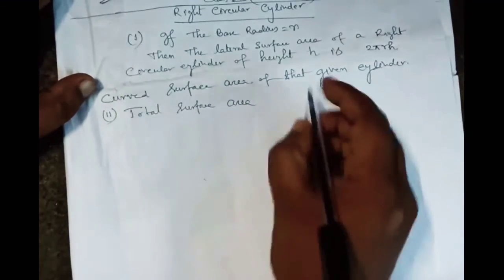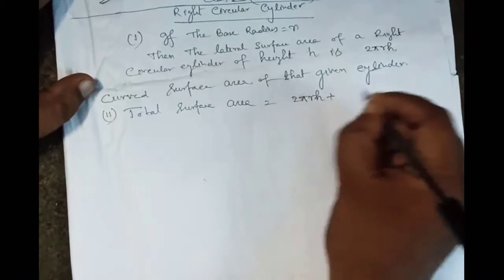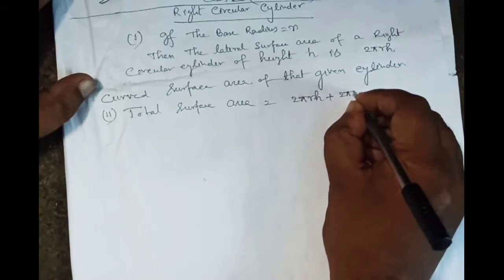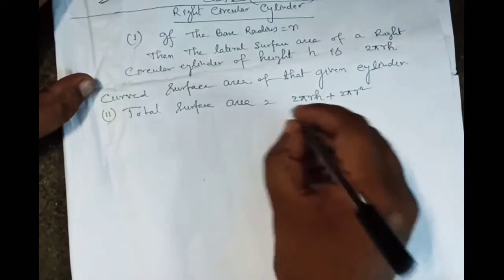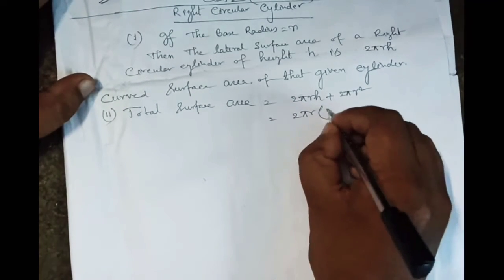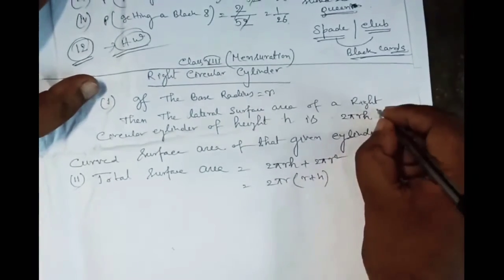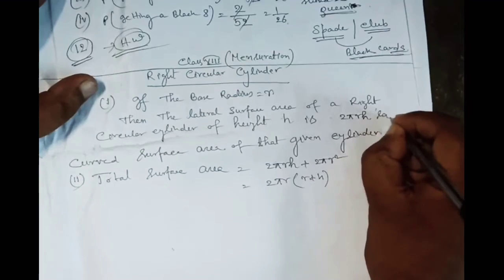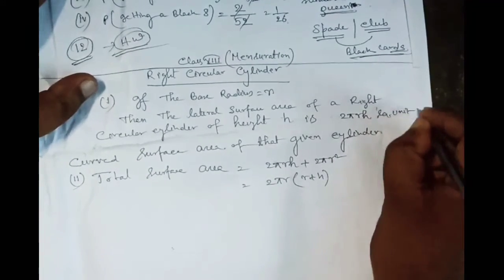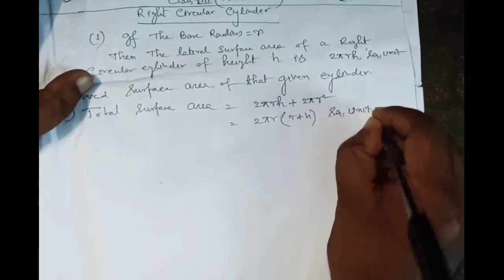Total surface area should be 2 pi rh plus 2 pi r square. If we take 2 pi r common, then this should be 2 pi r times r plus h. Obviously, this is area, so the unit should be square unit. Okay.